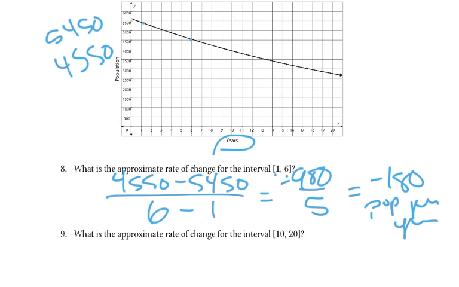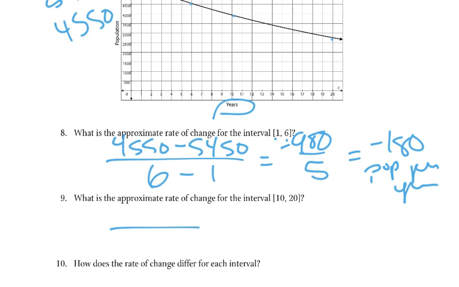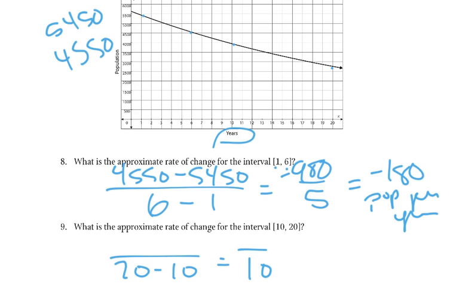Now what about year 10 to year 20? The years are pretty easy: 20 minus 10 gives us 10. But let's estimate the y's. This one's probably 3,950 for the 10, and that one looks right smack dab in the middle, so it'd be 2,750.